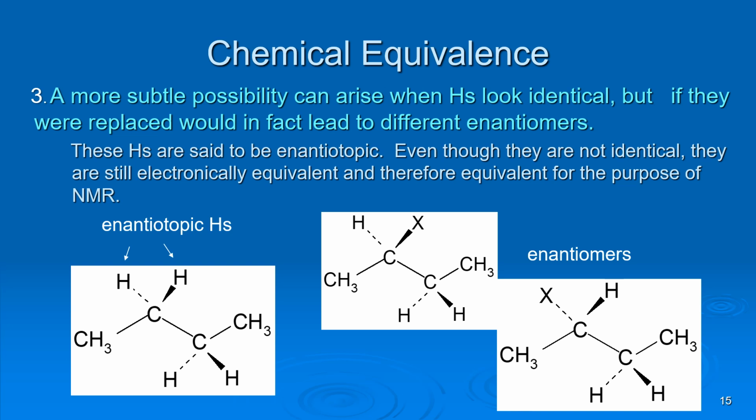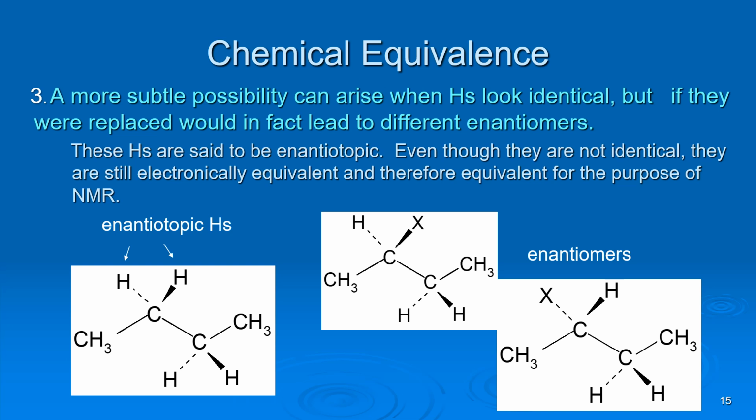Well, generally speaking, if this is the case, let's replace this one with the X, or replace this one with an X. Notice that now this is a chiral center because you have 4 different attachments, and they are enantiomers of each other. So these two hydrogens are said to be enantiotopic hydrogens.